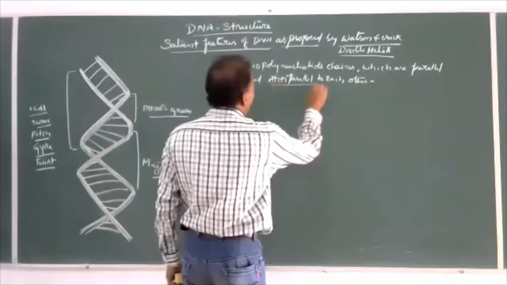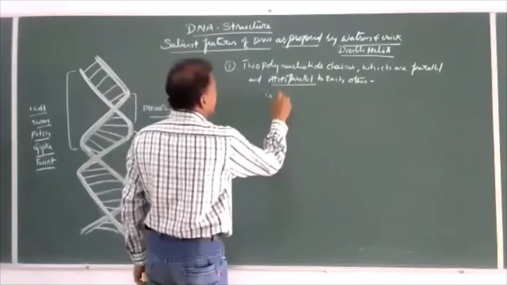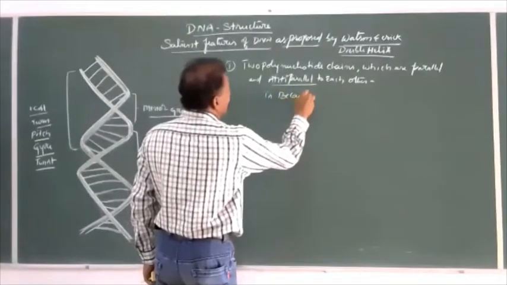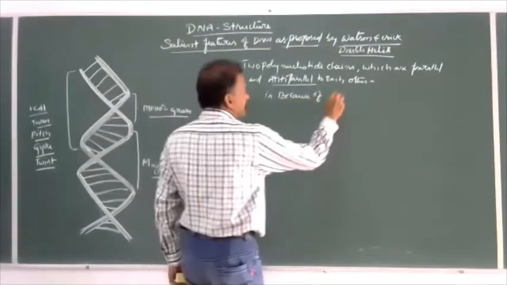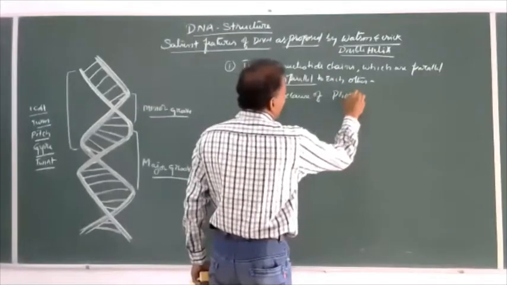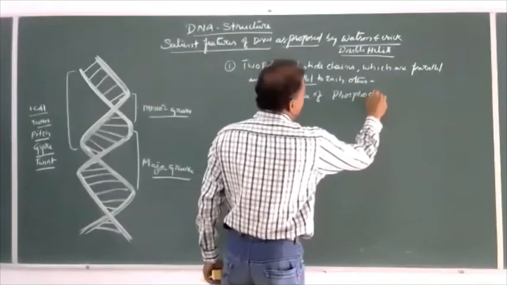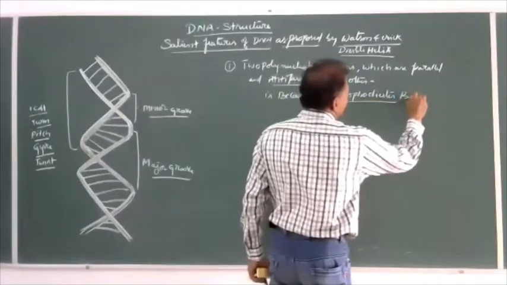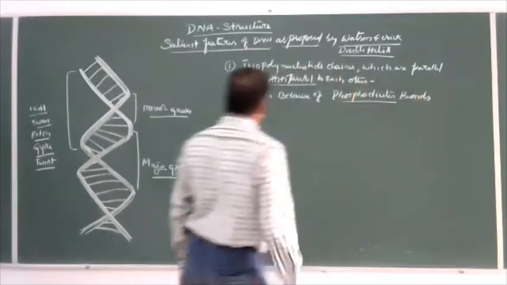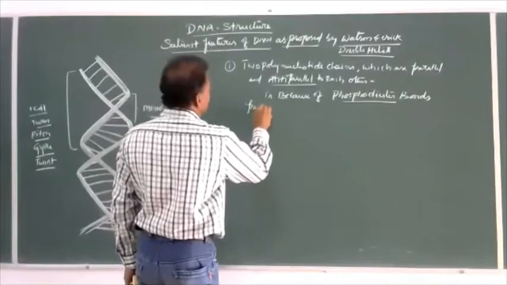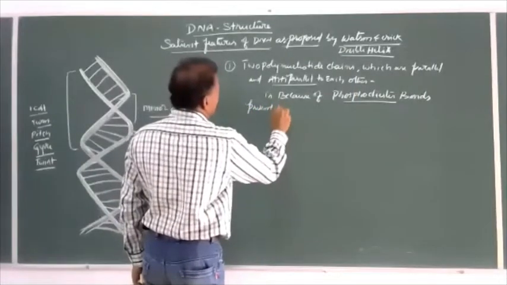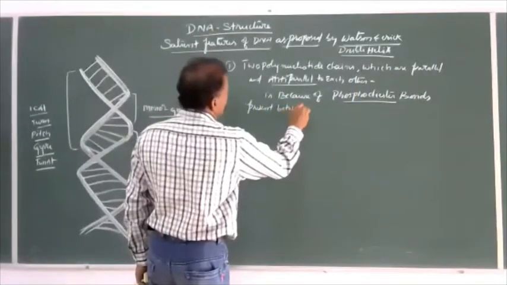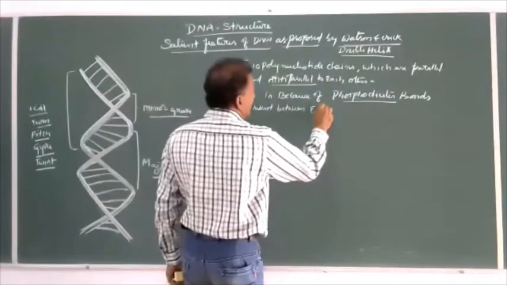This anti-parallelity is because of phosphodiester bonds present between every two nucleotides.